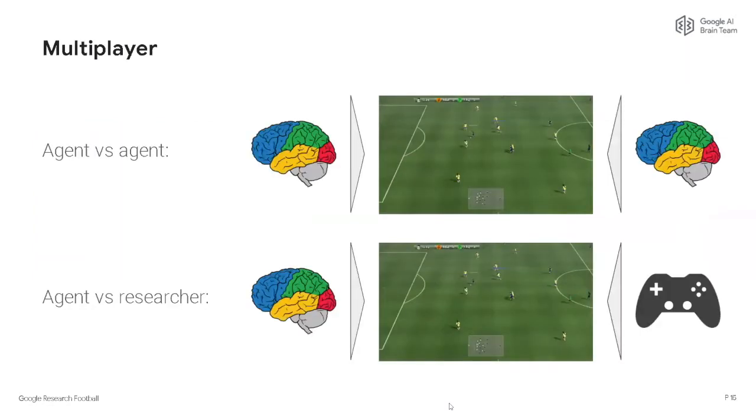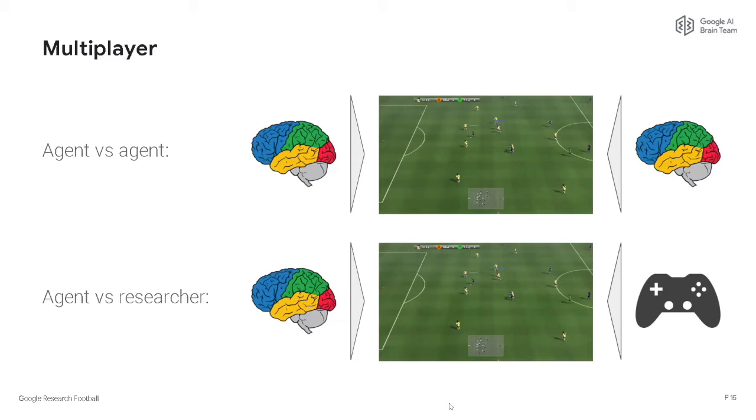So you can first train your agent in the environment against the built-in AI, and then you can give it a play yourself. And for that, you can use either a keyboard or a special controller. The interface that we provide for hooking up different types of players lets you also try playing yourself or challenging your reinforcement learning agents to beat you.